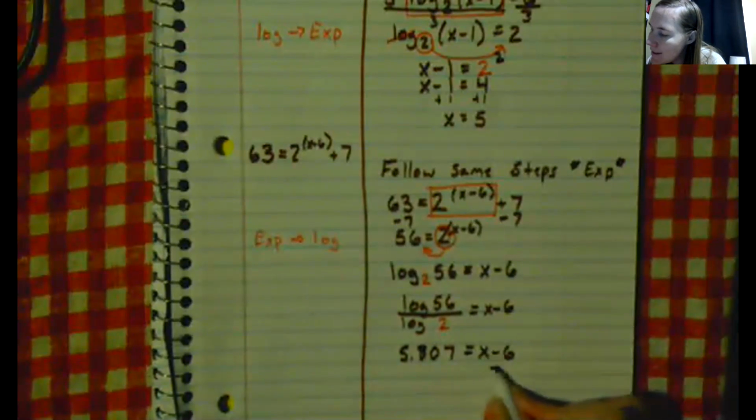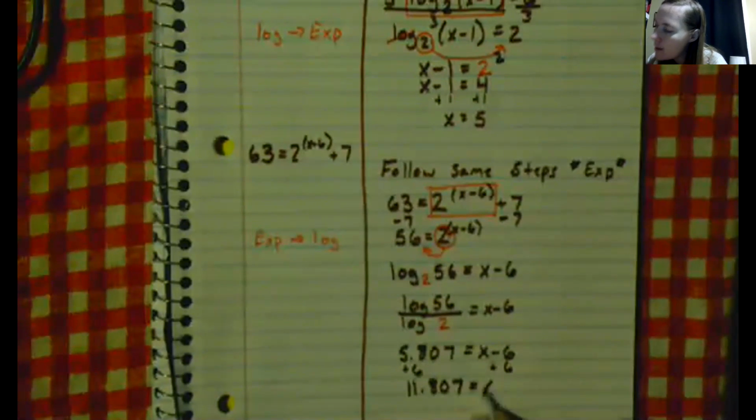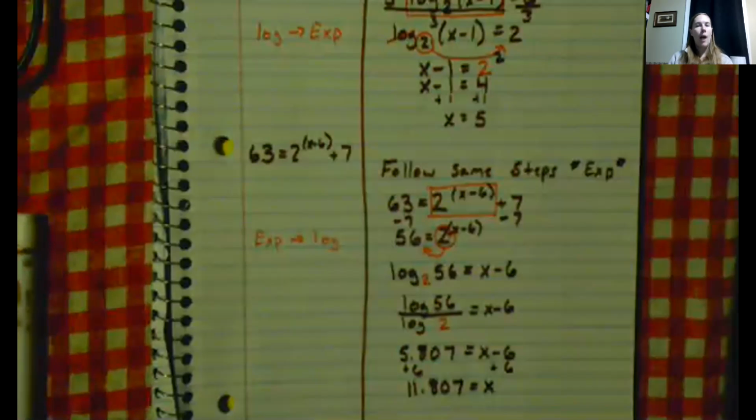I add 6 to both sides, and I would end up with 11.807 equals x. Again, these look like super, super complicated problems, but once you look at them step by step, they become easier because these are all the things we've practiced so far.